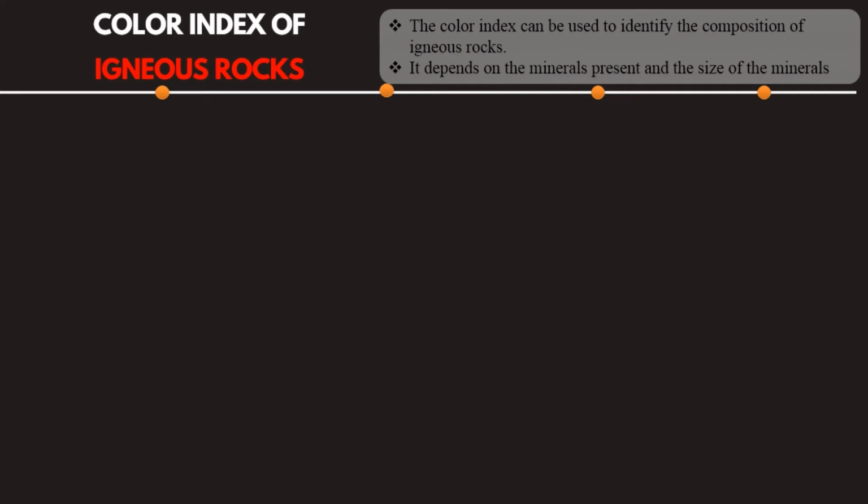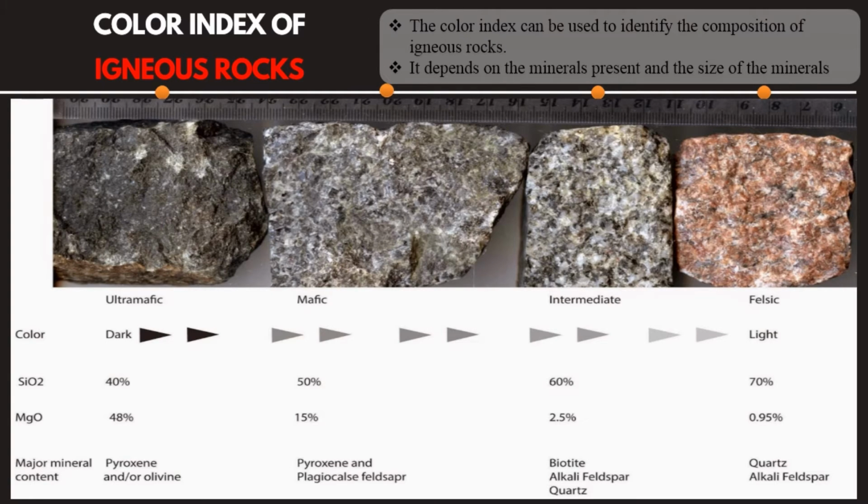In connection to the mineral composition, the color index of igneous rocks can also be used to identify the composition of this type of rocks. It depends on the minerals present and the size of the minerals. In this continuum, we can see the general composition of rocks, specifically the igneous.